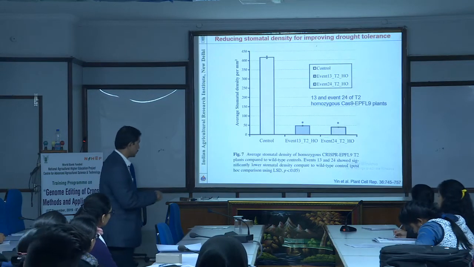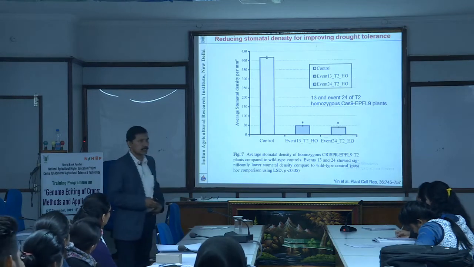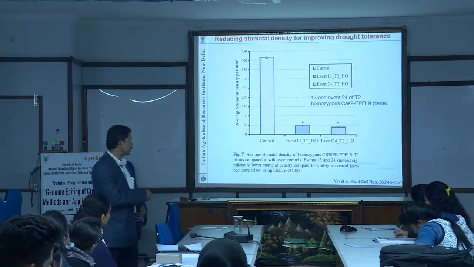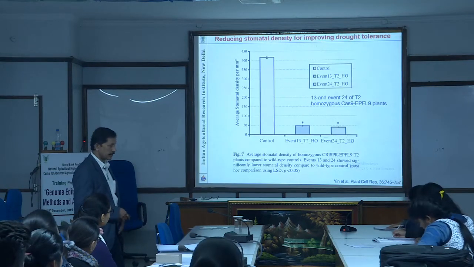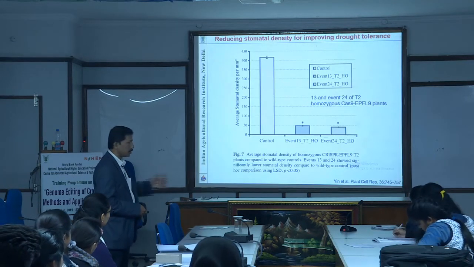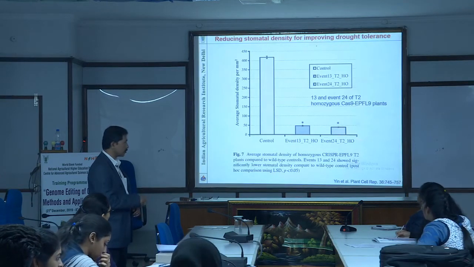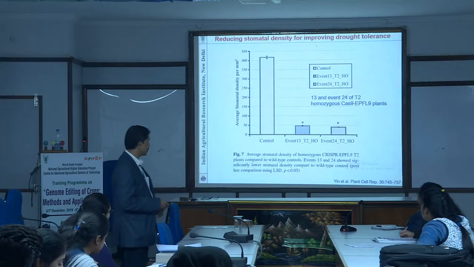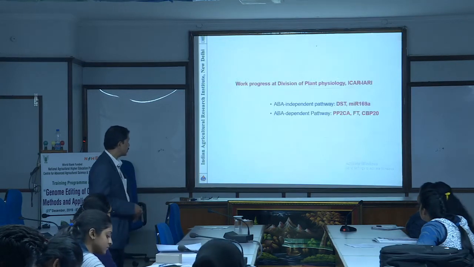But in this paper, the results on stress response or water use were not reported. Still, it is an approach that can be used to reduce the stomatal number. You have to see what the critical number is that you should maintain. You cannot totally shut off the stomata and still produce any yield. So this is another approach people are trying to target.